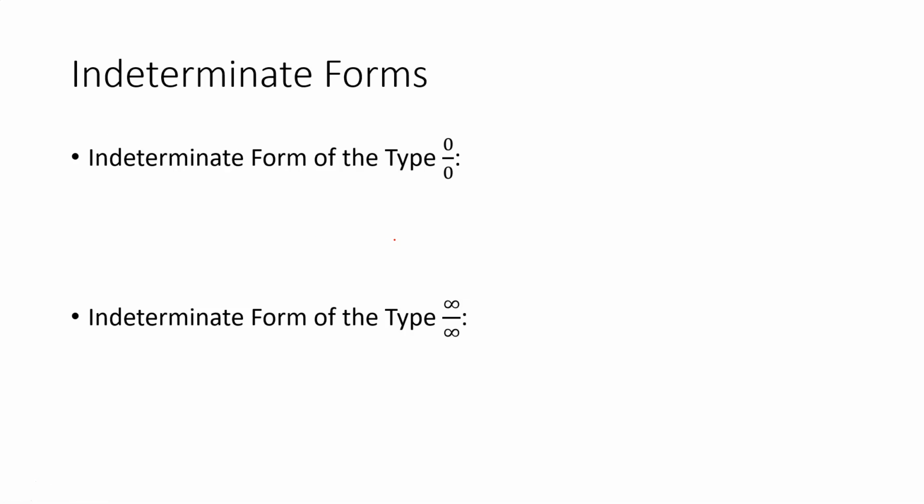The first type that we're calling the type 0 over 0 is a limit of the form f of x over g of x, where both the numerator and denominator go to 0.